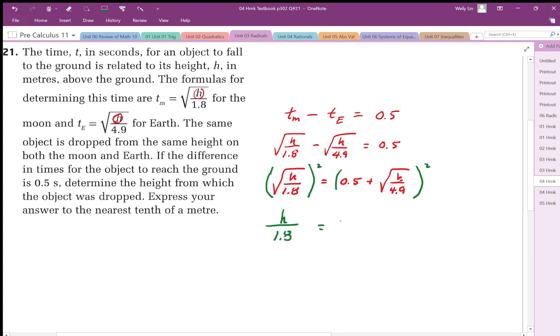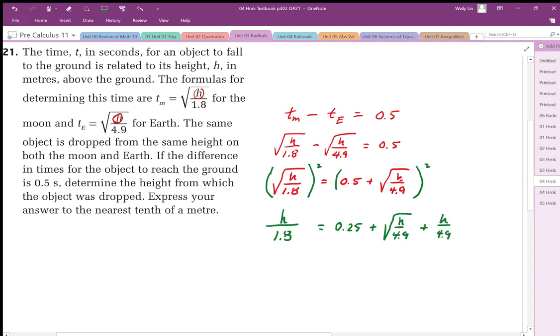On the right hand side, when we distribute this out, we get 0.5 times 0.5, 0.5 times the square root, and we have two of them, so we're going to have 0.5 plus 0.5, or 1 square root of h over 4.9, plus, when we square the square root, we end up with h over 4.9.